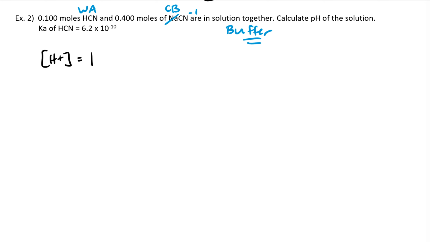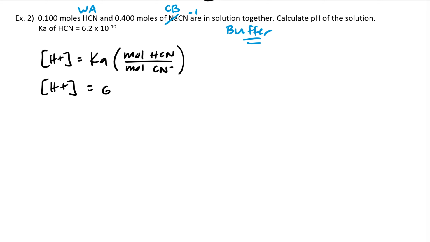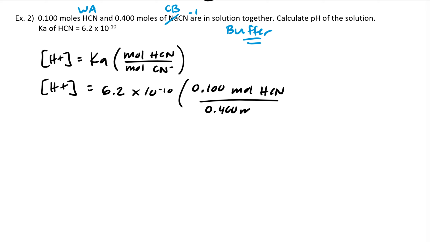So H plus is equal to Ka, moles of the acid, HCN, over the moles of the conjugate base, CN minus. Concentration of hydrogen, therefore, is equal to 6.2 times 10 to the negative 10. We have 0.100 moles of HCN over 0.400 moles of CN minus.